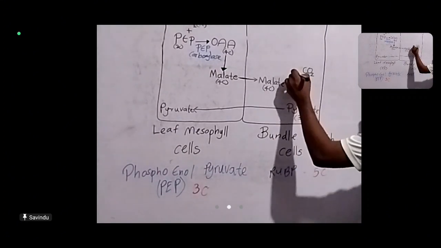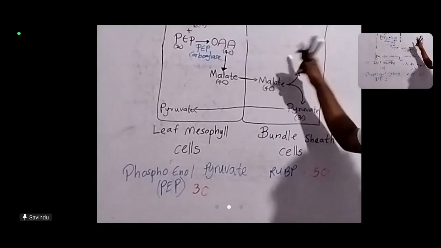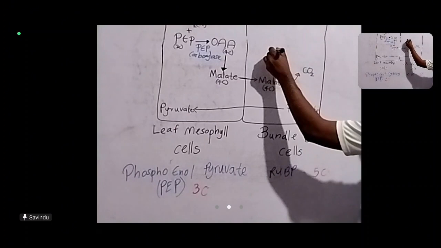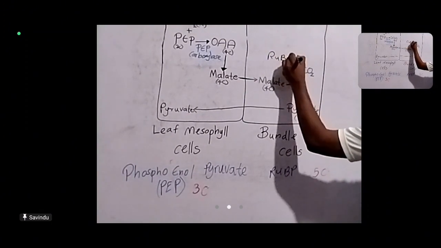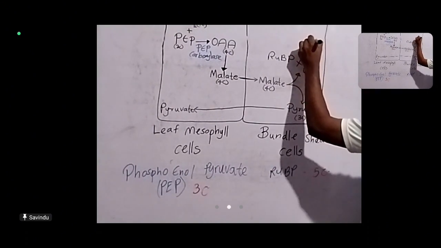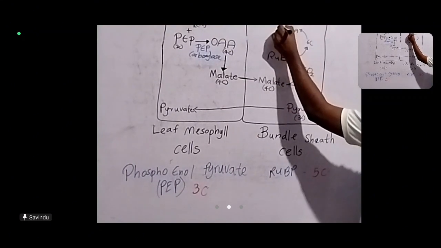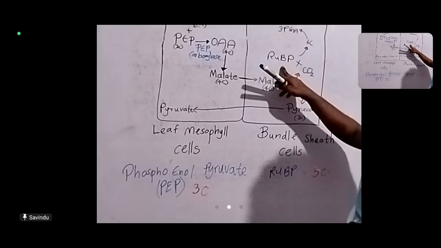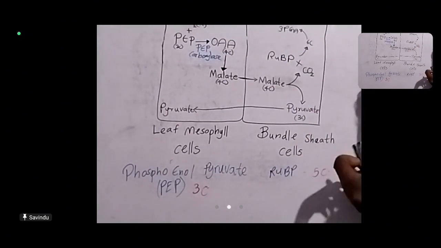What happens to carbon dioxide? Here there is RUBP, and RUBP binds with carbon dioxide with the help of Rubisco.